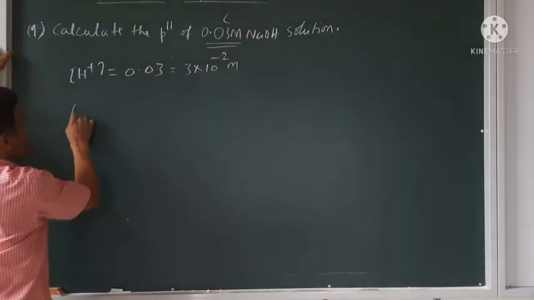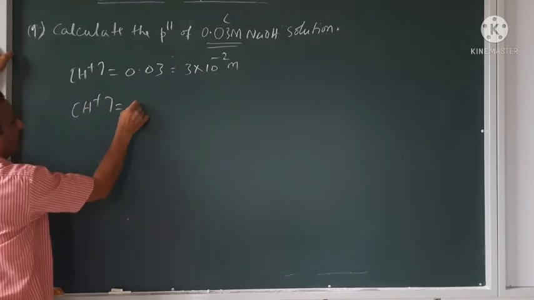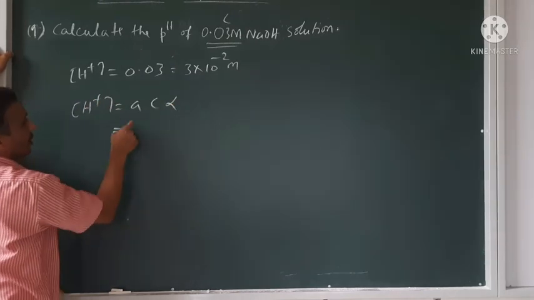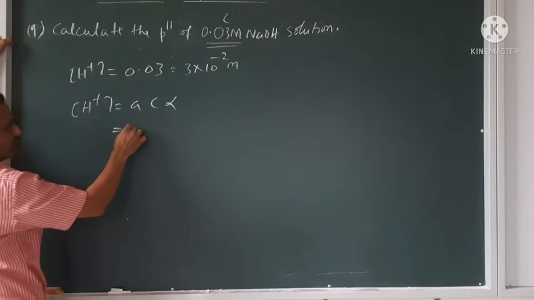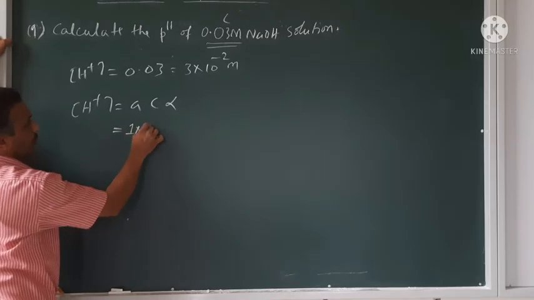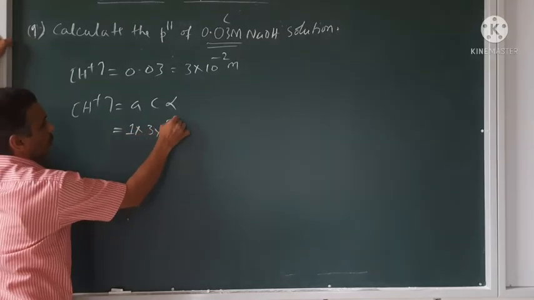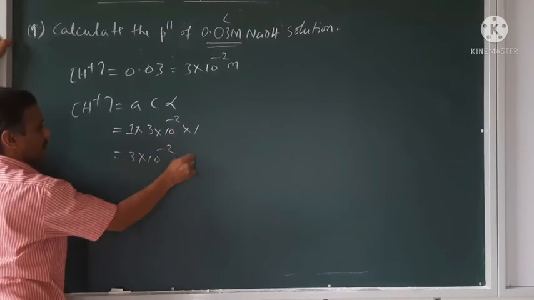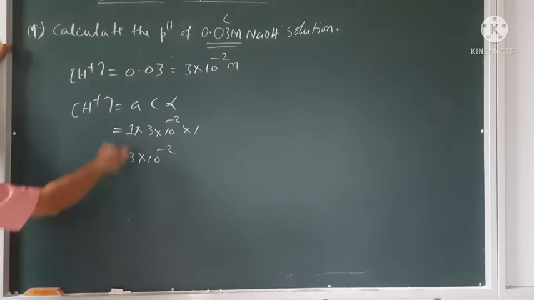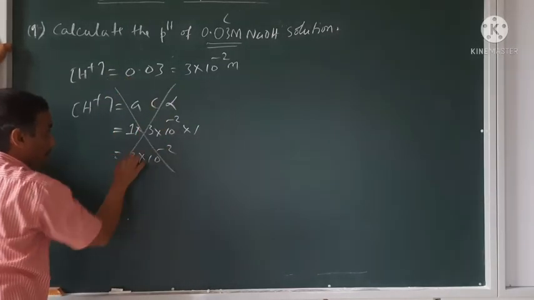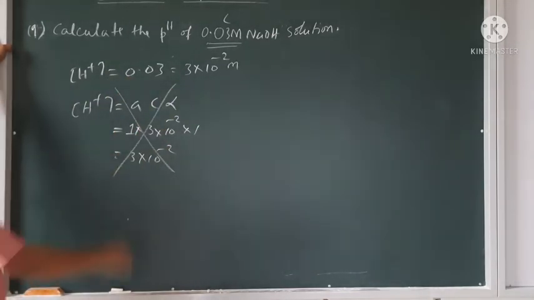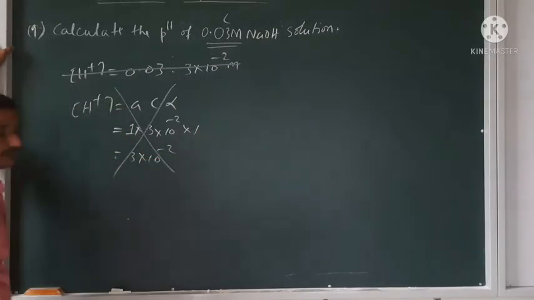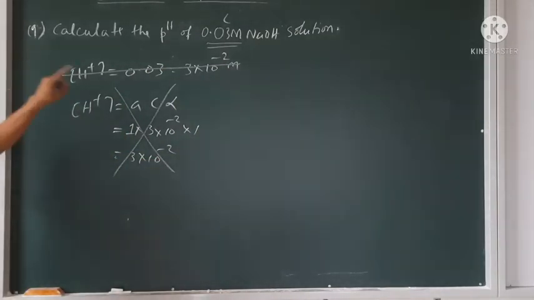And we write that H plus concentration is equal to A into C into alpha. Sodium hydroxide is a monoacidic base, so A is 1. So 3 into 10 power minus 2 into 1, and write it as 3 into 10 power minus 2. But it is wrong here. This is wrong here. Why is it wrong?